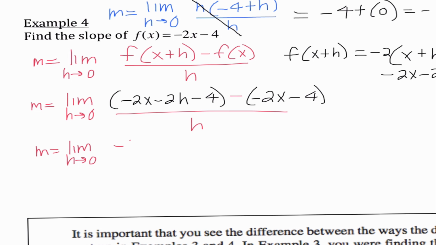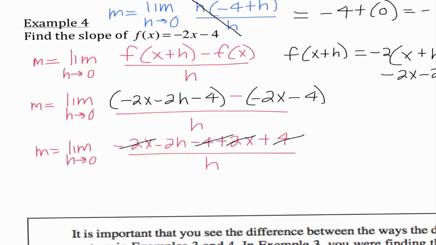So I have -2x minus 2h minus 4 plus 2x plus 4 over h. And I notice that these x's cancel each other out. So I have the limit as h approaches 0 of negative 2h over h. When I cancel out these h's, I am left with negative 2 being my slope.